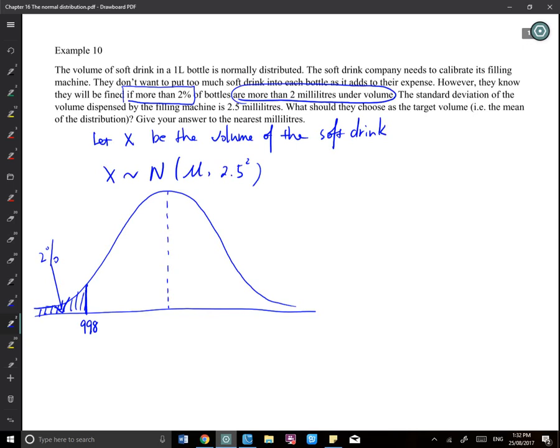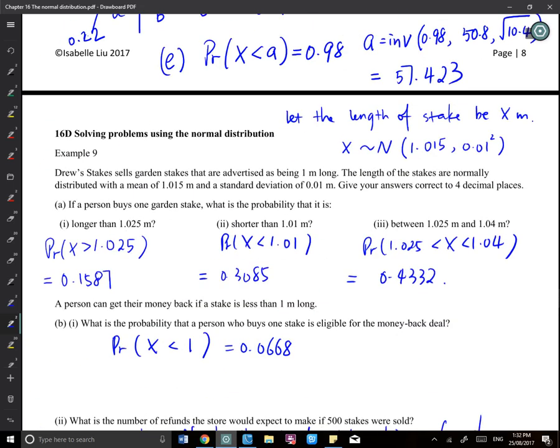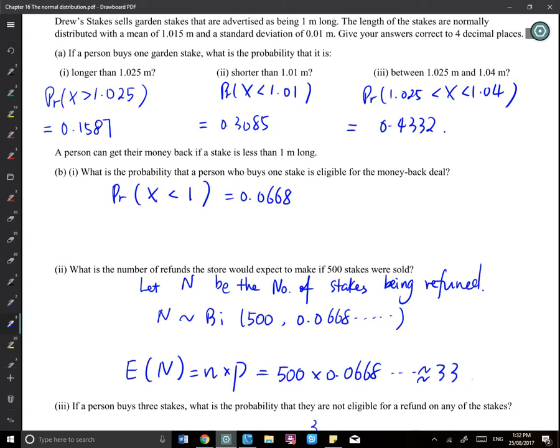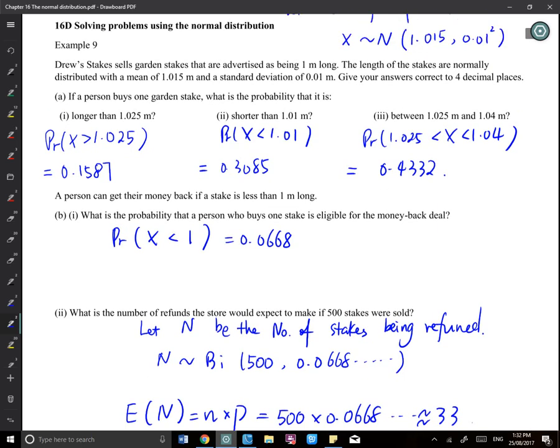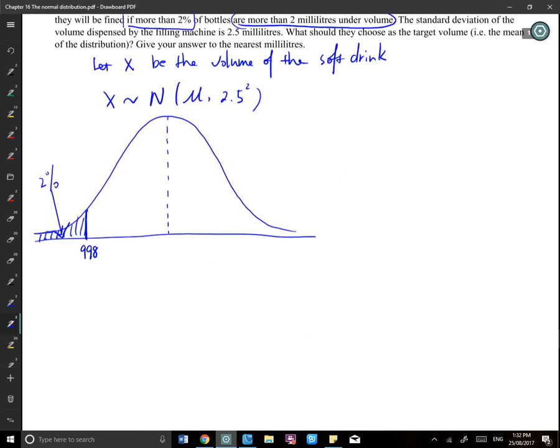Does that make sense? If my mean is higher, I have a lower chance of getting less, right? That's exactly what I'm talking about here. Why do they set the mean as 1.025, not exactly 1 meter? Because if they set exactly 1, there's a 50% chance you need to refund, right? This is the same case.